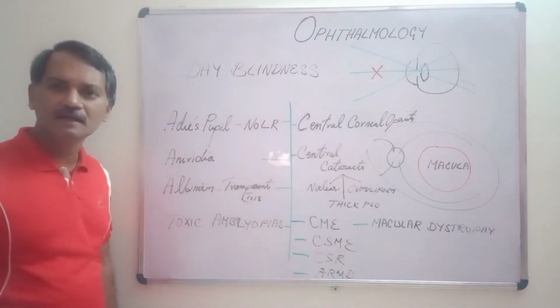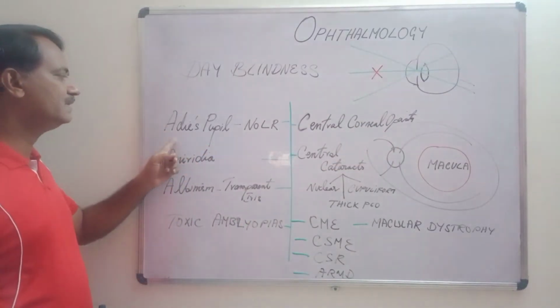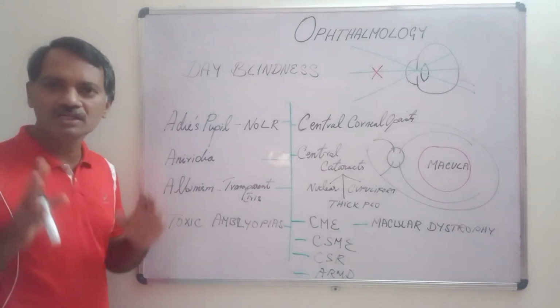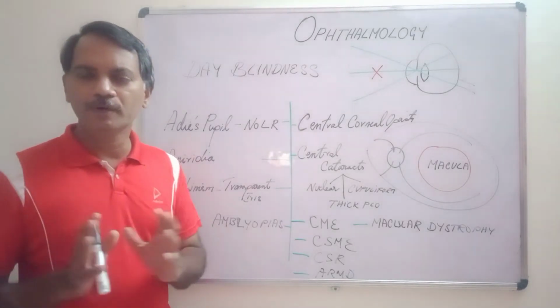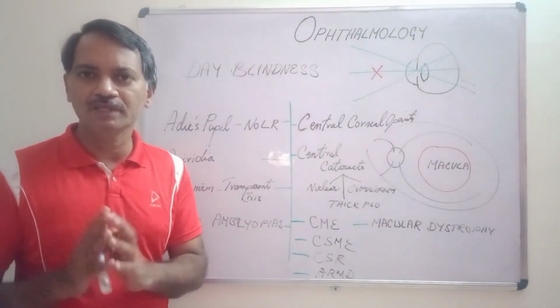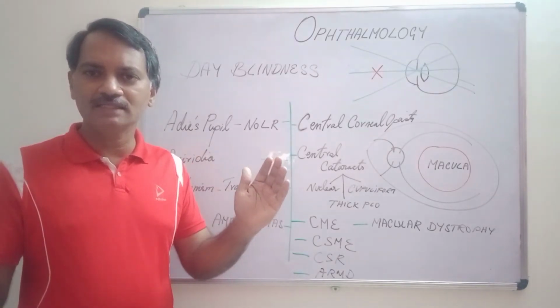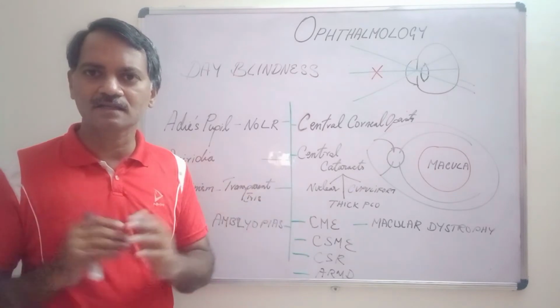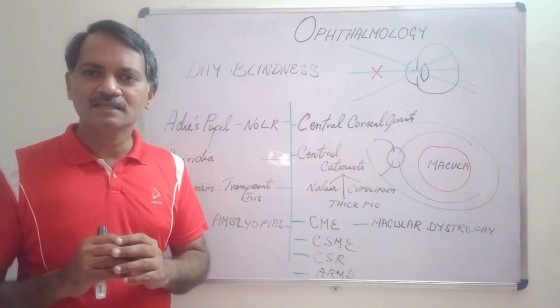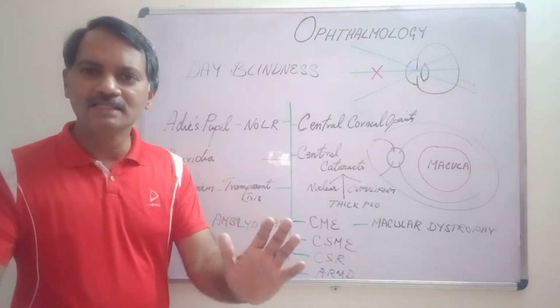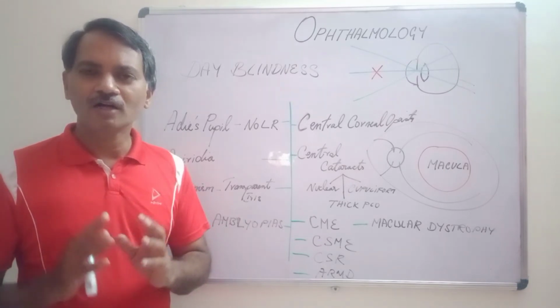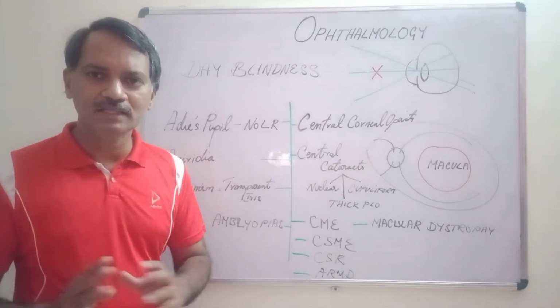Apart from that, day blindness can also be seen in Adie's pupil. What is this Adie's pupil? The pupil will not properly react to light. So what will happen? The pupil remains large, that is, there is mydriasis. The light rays enter in large numbers. They are not getting concentrated on the macula alone.